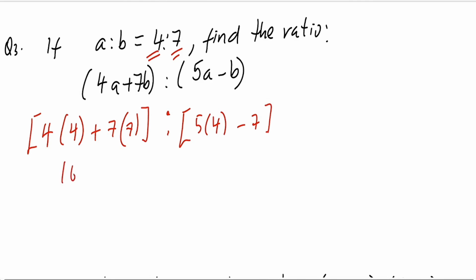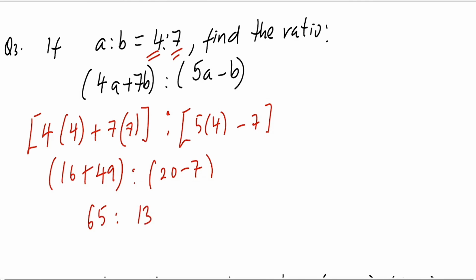So 4 times 4 is 16, plus 7 times 7 is 49. 5 times 4, which is 20, minus 7. 16 plus 49 is 65. 20 minus 7 is 13. I think you can simplify by dividing by 13, which gives you 1 and 5. So your final answer will be 5 is to 1. As simple as that.